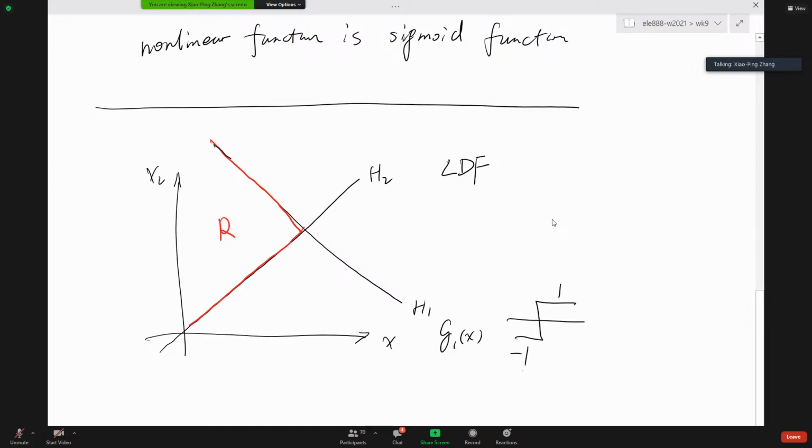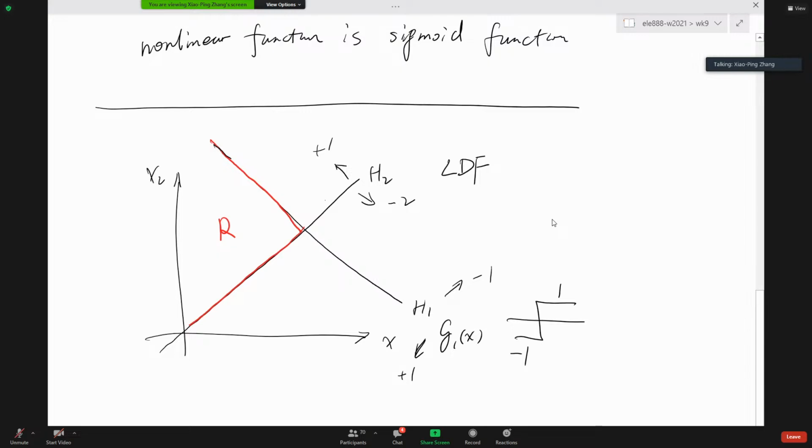That's the thresholding function it will do. Now assume that on this direction for H1, this direction gives you a +1, and this direction gives you a -1. For H2, this direction gives you +1, and this direction gives you -1.